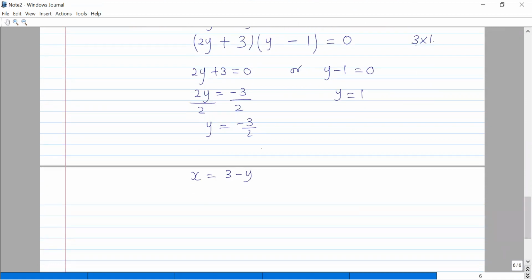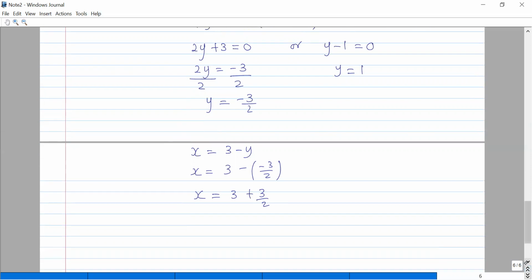For the first solution, we have to substitute. It's going to be 3 minus 3 over 2. We have a negative, so it's going to be x is equal to 3 plus 3 over 2. We don't need to use the calculator. We can just use the LCD rule.